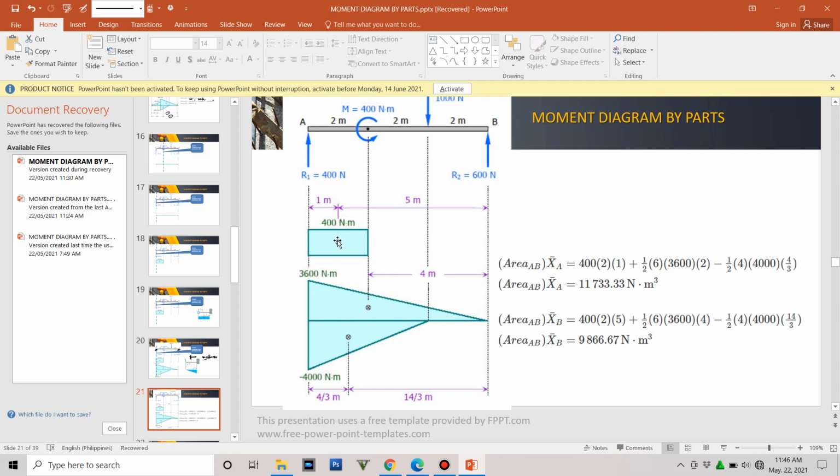Kunin naman natin yung distances ng centroid of each of the shapes from A and from B also. So, starting with the rectangle, kalahati lang naman yung centroid niya, no? So, kung kalahati ng 2 is 1, so ang naiwan doon is 5 if this is 6 meters. Okay? And then for the triangle here, the overall base is 6 meters, ano? 6.